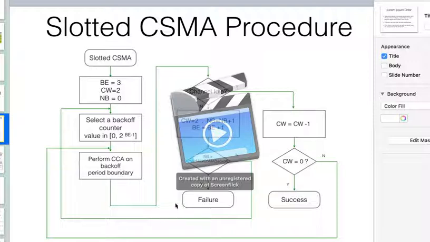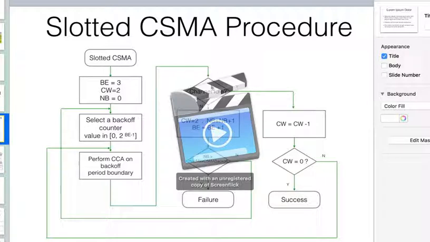After that, the node checks whether the channel is idle or busy. If the channel is idle, the CW, or contention window, is decremented by 1. And if the CW is equal to 0, then the node can transmit the packet successfully. If not, the node performs the following CCA at the next backoff slot boundary.